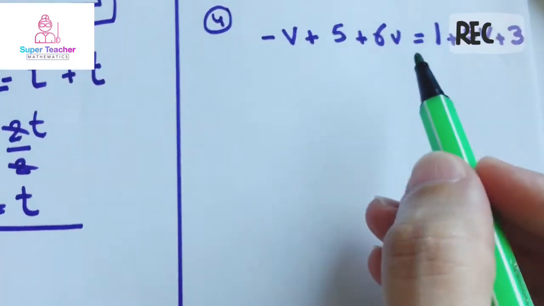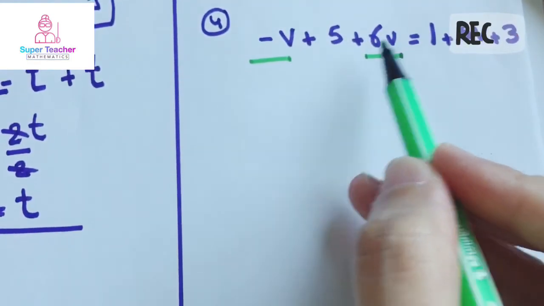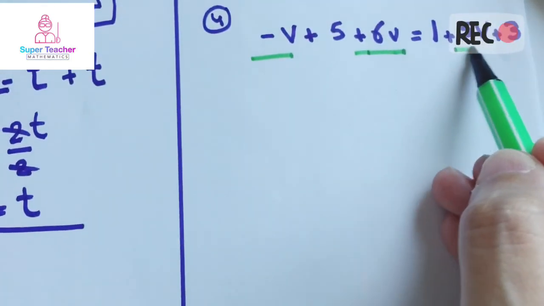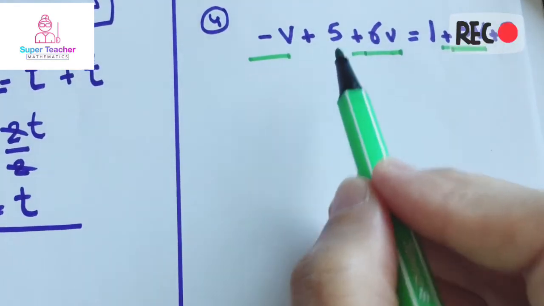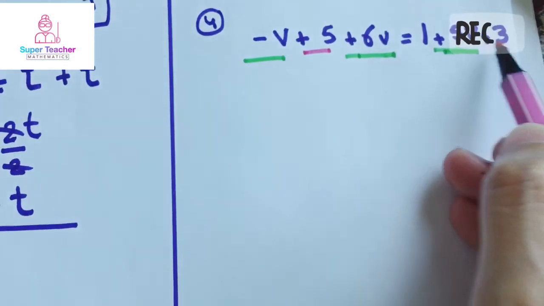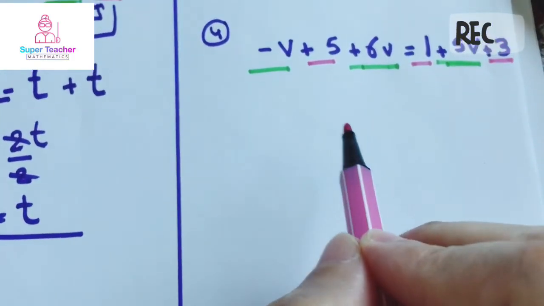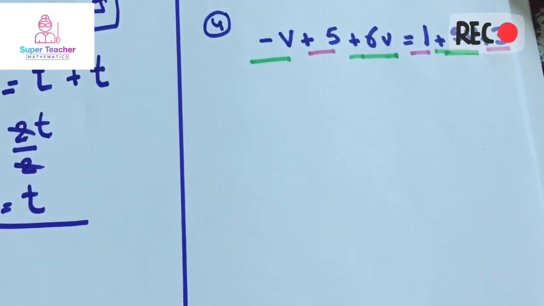So I will keep this negative v here. I will keep the 6v here. I will take the positive v, 5v to the other side, and I will keep the numbers on the right side. So I will take the variables to the left side and the numbers to the right side.